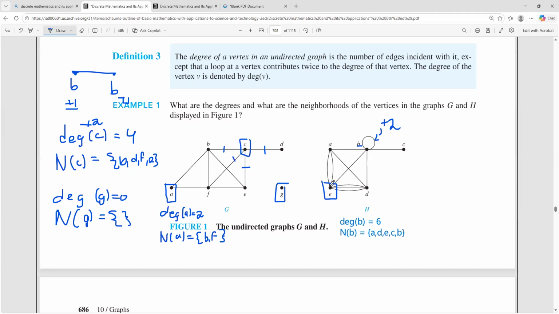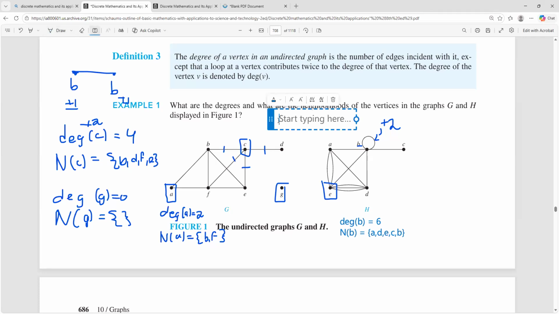So the degree of E is 6. Yep. The degree of E is 6, because you've got two edges from E to A, three from E to D, and one from E to B. So now what's going to be the neighborhood of E?